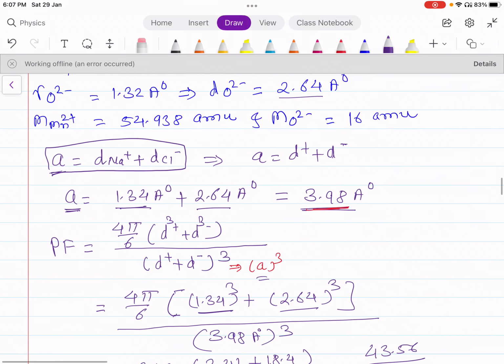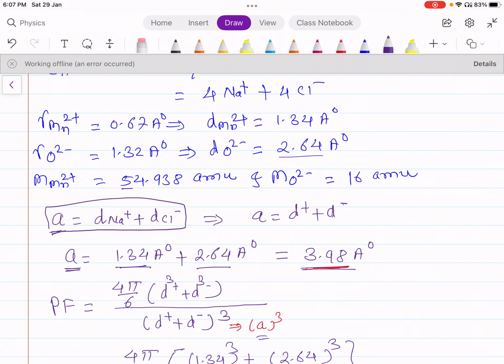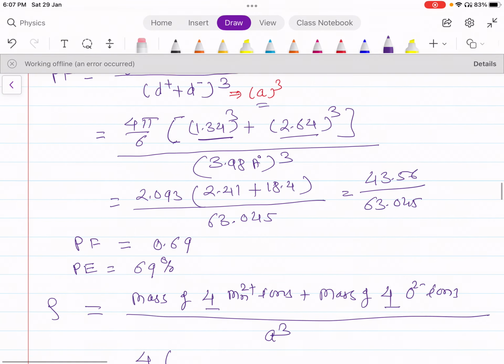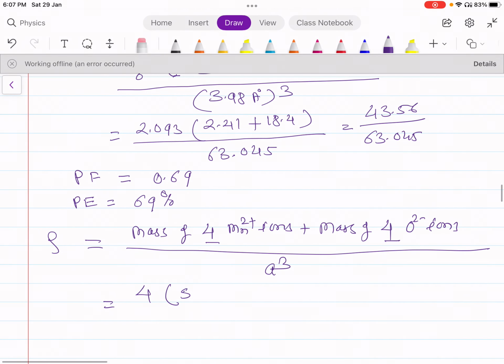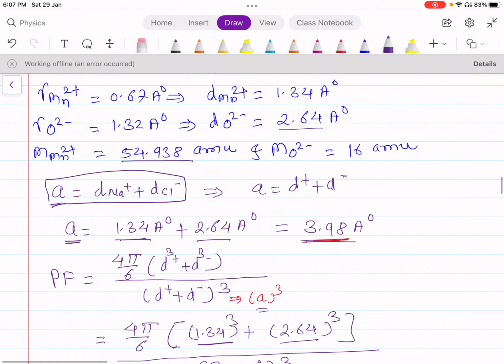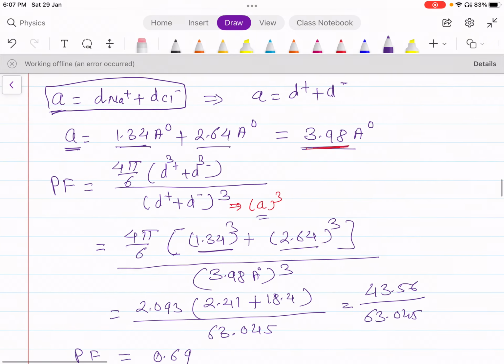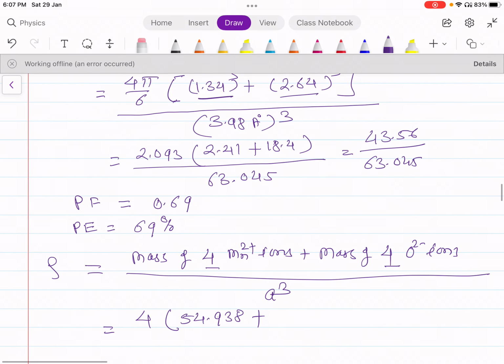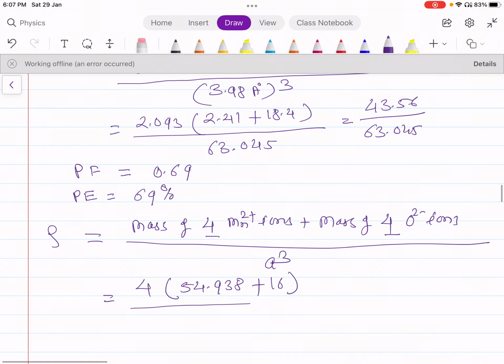Mass of manganese is 54.938 plus mass of oxygen is 16 plus 16, and that divided by, but this is in AMU. This 54.938 and 16 they are in AMU.